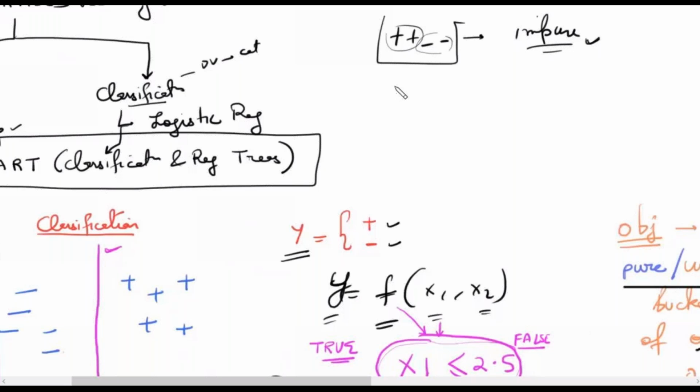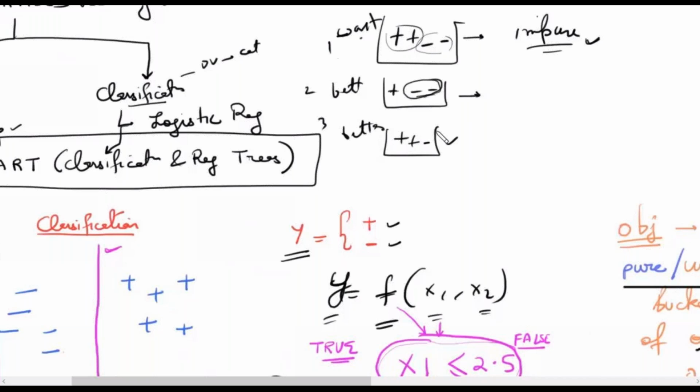Even if I am able to make it like this, let's say 1 plus and 2 minuses, this is better. This is still purer compared to that, because I have two minuses here, so I have more of one class and less of the other class. Similarly, if I am able to form 2 pluses and 1 minus, this is better than the first one. So the first is the worst, while 2 and 3 are better because they have more of one of the labels.